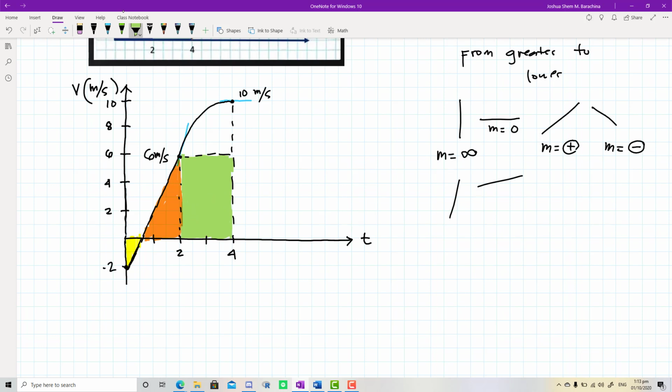And finally, yung last area natin, yung parabolic segment, gawin natin blue. Okay.